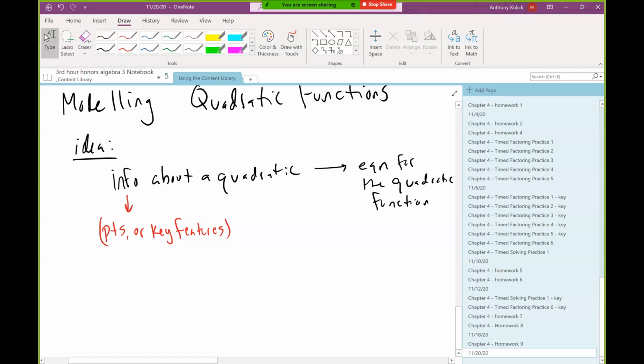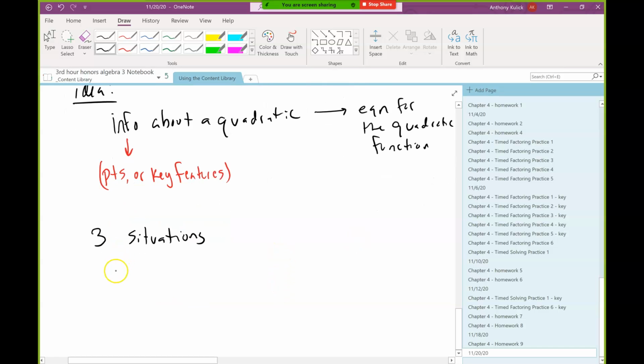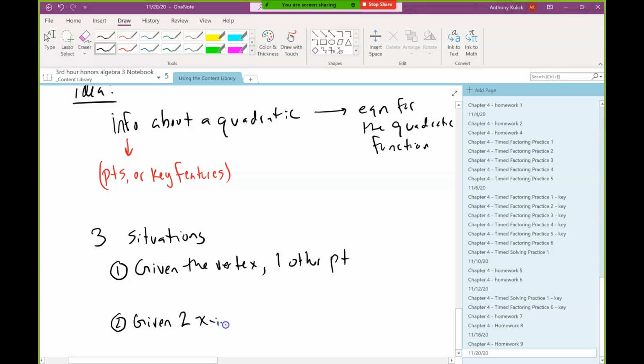So this really just boils down to like 3 different situations. The first situation, you're given the vertex and then one other point. The second situation, you're given 2 x-intercepts and one other point.